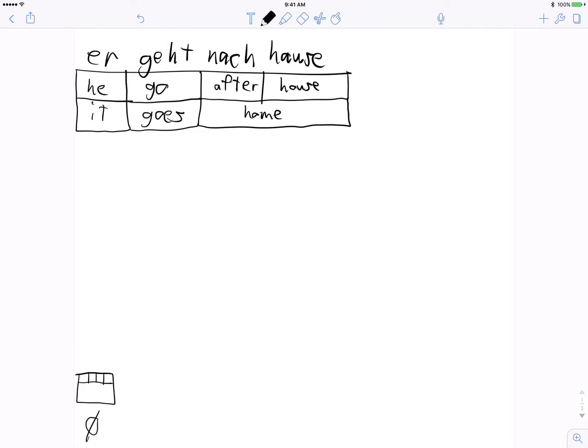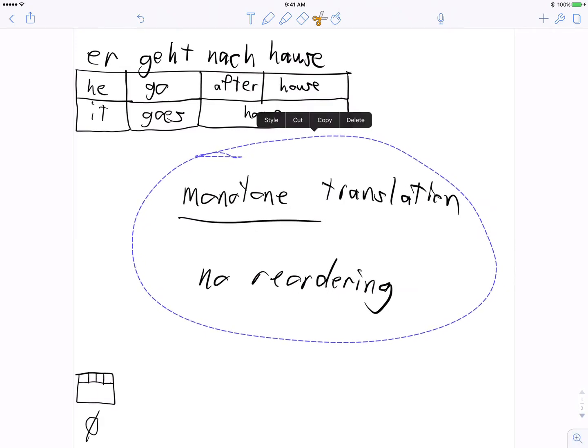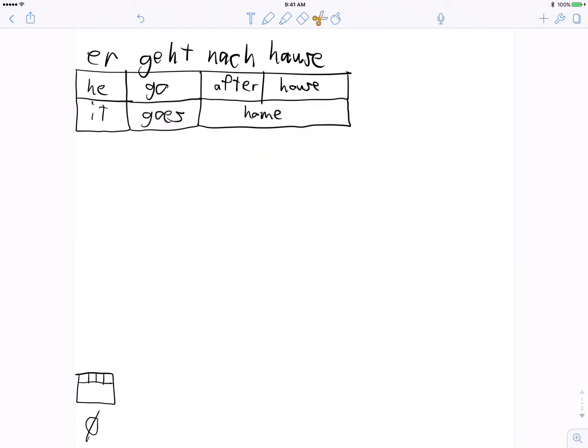Okay, so let's get started with our monotone translation. Recall that monotone just means no reordering. Okay, so let's start by finding all of the possible ways that we could translate er.